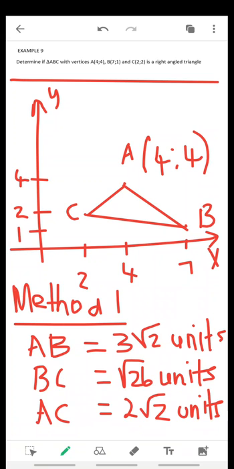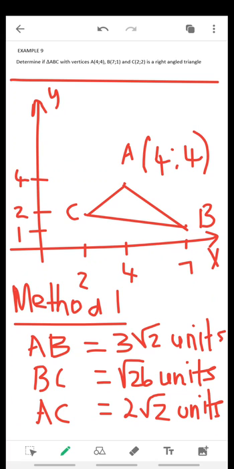One of the angles of that triangle must be 90 degrees, meaning two sides will be perpendicular to each other. I can use gradients: multiplying gradients of two lines, giving me -1 means they are perpendicular to each other, and therefore it will be a right-angled triangle.